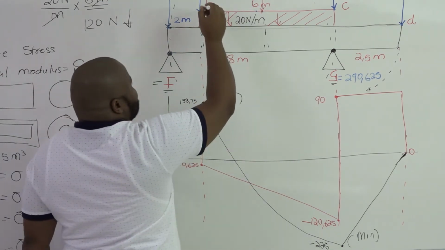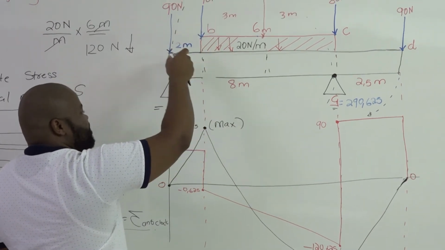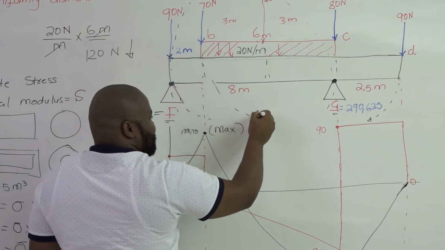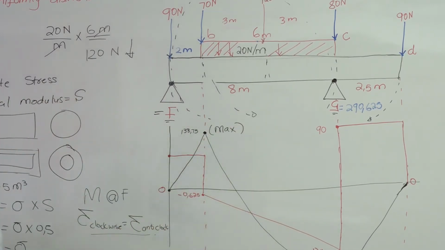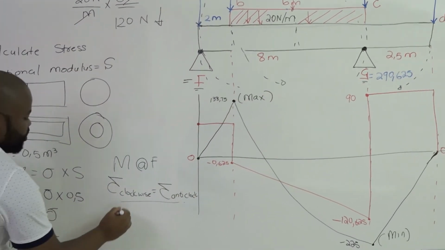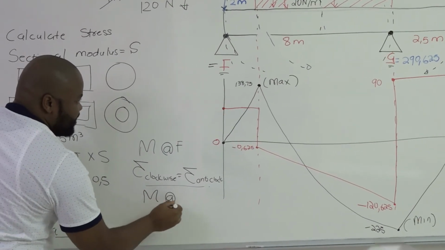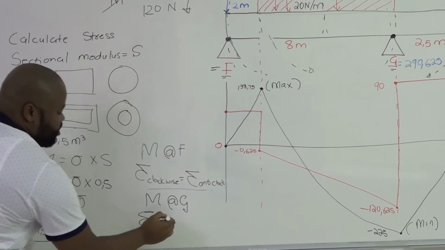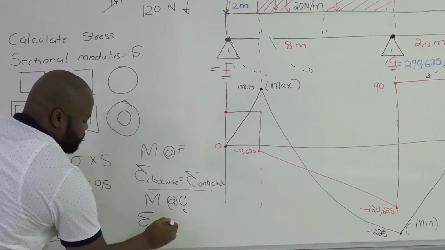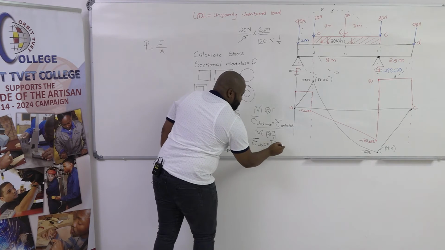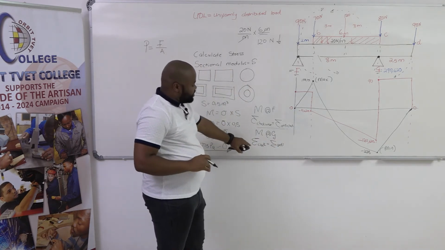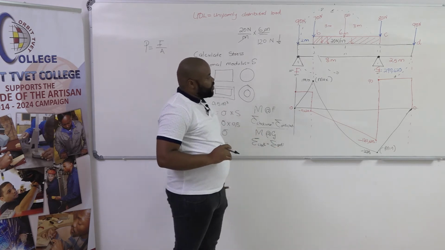But 70 and 90, they are pushing my beam in the anti-clockwise direction. Meaning that from the formula, moments at G, the sum of clockwise moments is equal to the sum of anti-clockwise moments. You will now have values for clockwise and values for anti-clockwise.